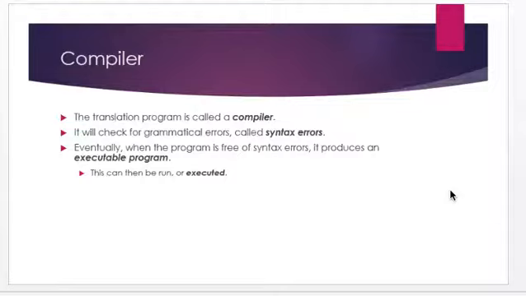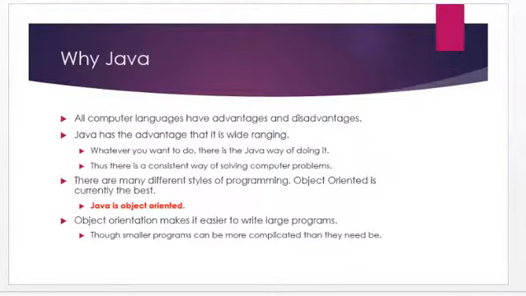We'll go into more about what syntax errors are. And eventually, when the program is free of these errors, it would create the program in a form that the computer understands, called the executable program. And then this is what is now run on the computer for the computer to perform that task.